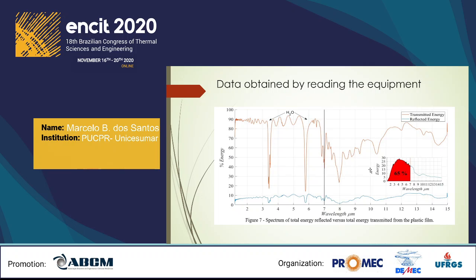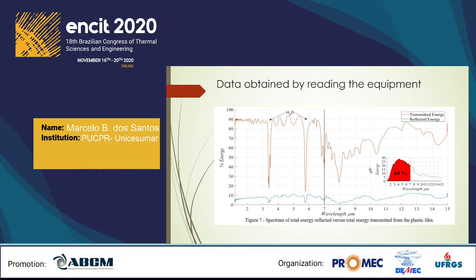Another important piece of information that we have from the equipment is the transmissivity. Almost 55% of the energy of the ray is transmitted. It's shown by the same graph.